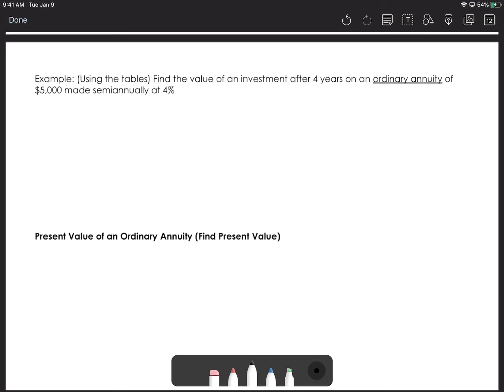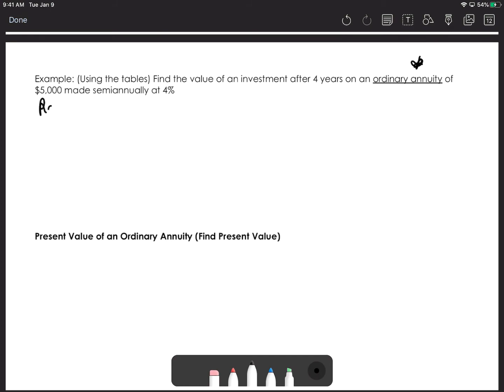Okay, let's do one more example, but we're not going to do it by hand this time. Now this says ordinary annuity, so we can just use the tables without having to worry about adding in an extra period and subtracting off an extra payment. Now it says the value of an investment after 4 years on an ordinary annuity of $5,000 is made semi-annually at 4%.